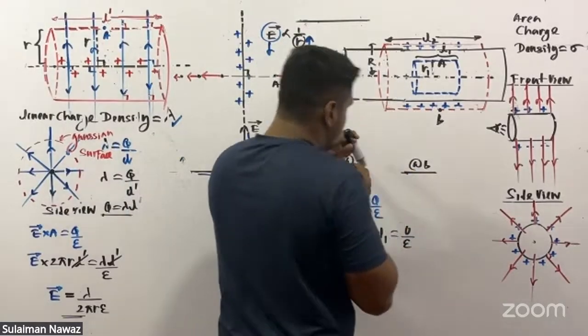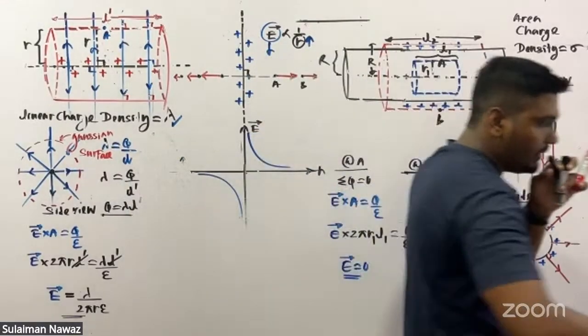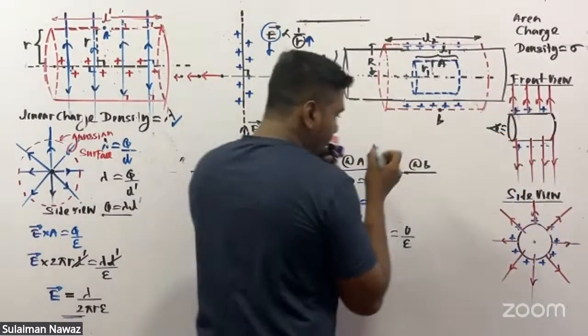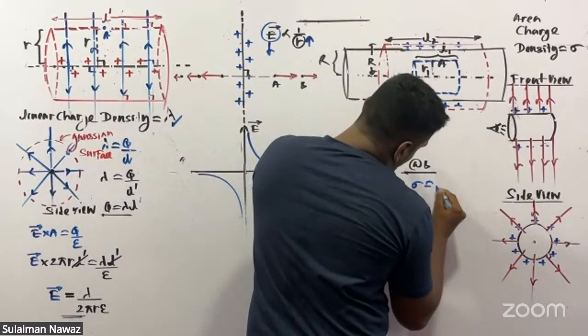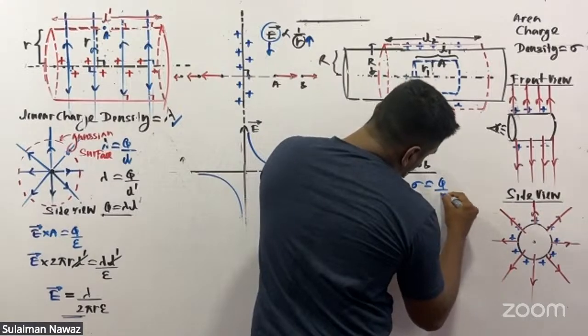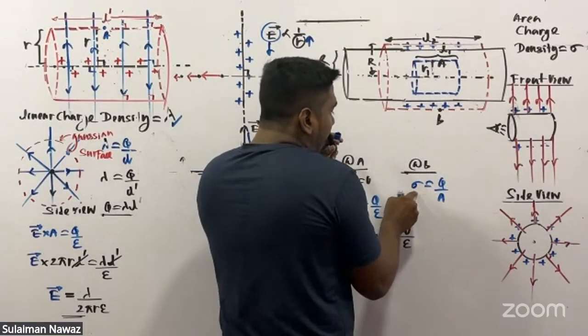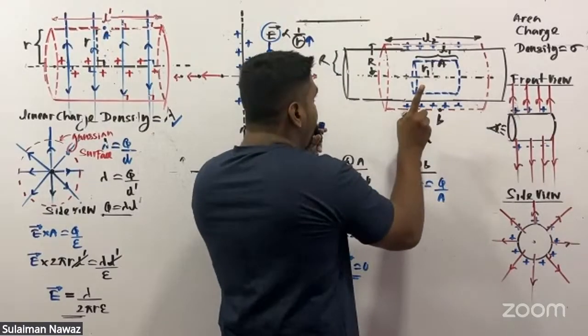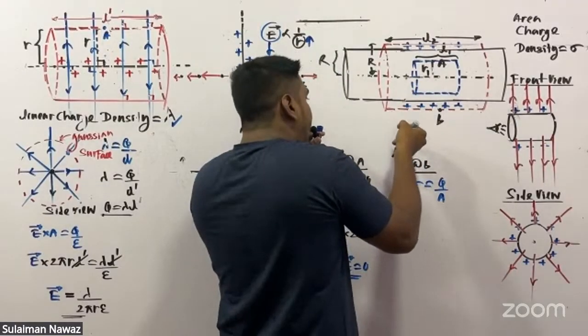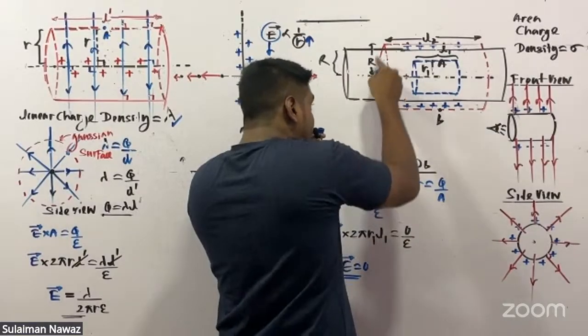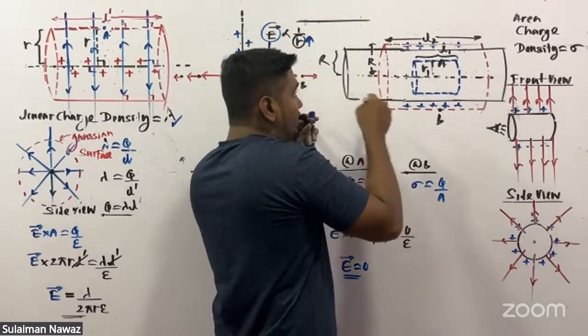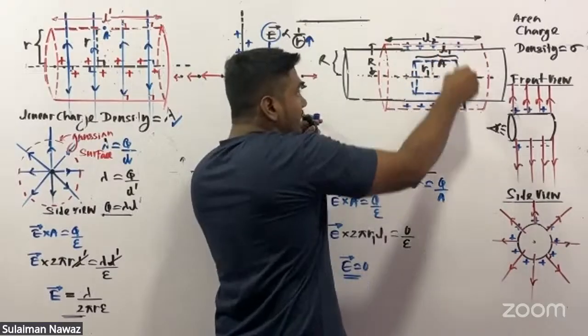We know that area charge density sigma equals total charge over total area. I know the area charge density, that is sigma. My target is to find the total charge inside the Gaussian cylinder.